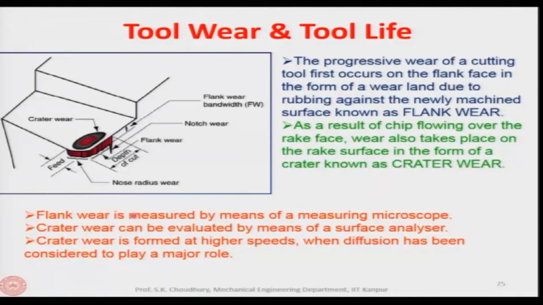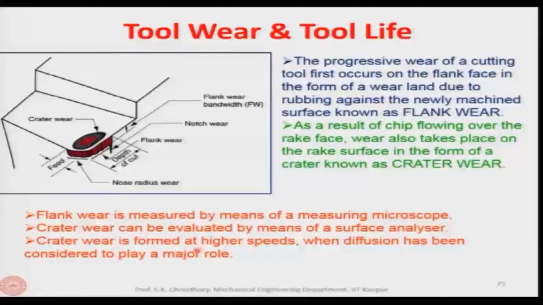Flank wear can be measured by means of a measuring microscope. You must be familiar with tool microscopes, for example, where you measure tool angles. Under the tool microscope you can find out the flank wear, or the width of the flank wear. Crater wear can be evaluated by means of a surface analyzer, because crater wear is a dip on the rake face of the tool.